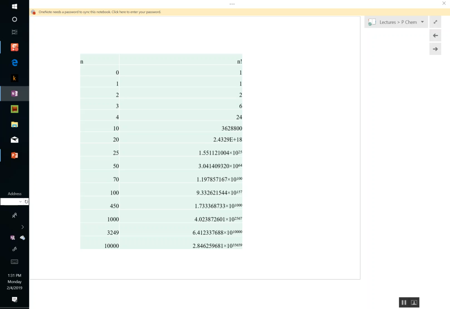If you just had 10 molecules of the gas, look, you're up into 3.6 times 10 to the 5th different arrangements. And if you went up to 10,000, look, you're already up into times 10 to the 35,000th possibilities.